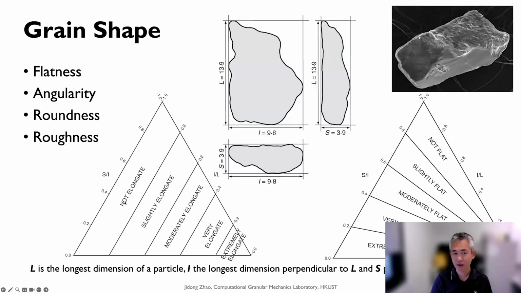The indicator is whether it is elongated or whether it is flat. So those are the different quantitative descriptions of the particle shape, the grain shape.